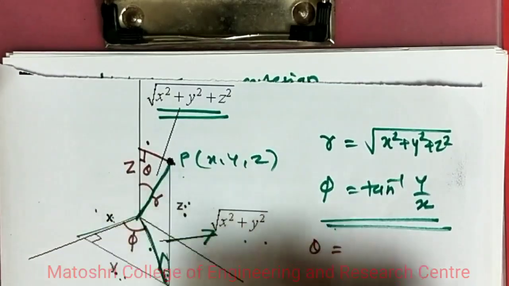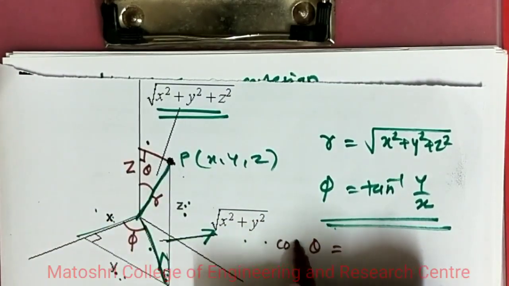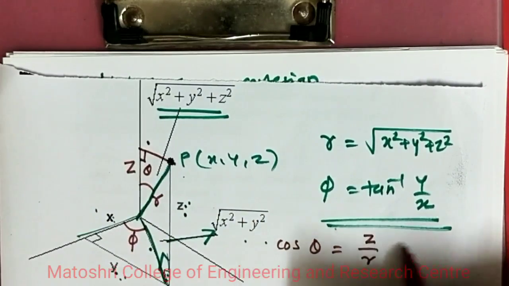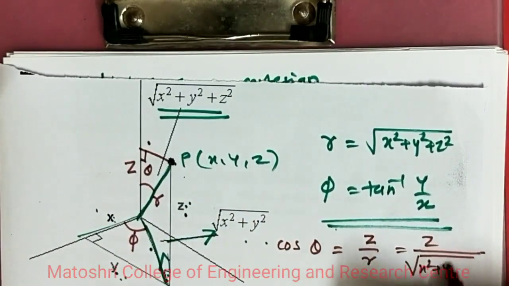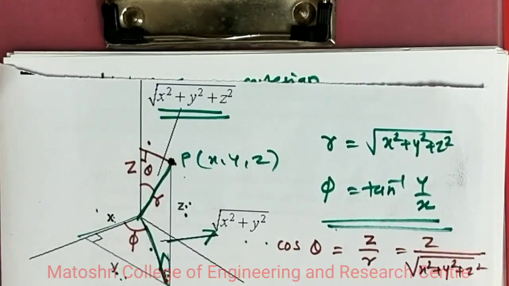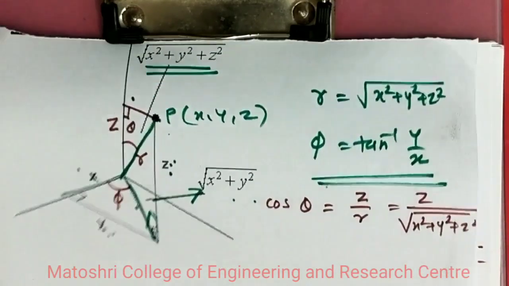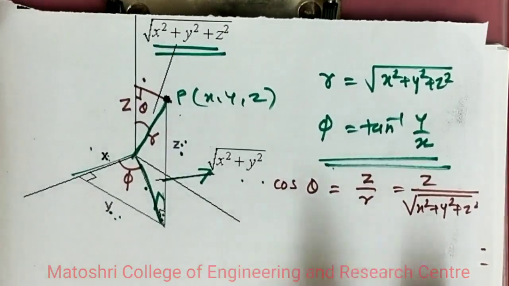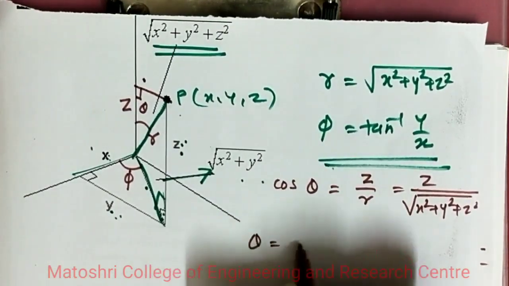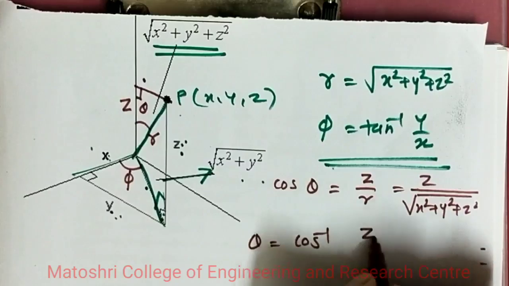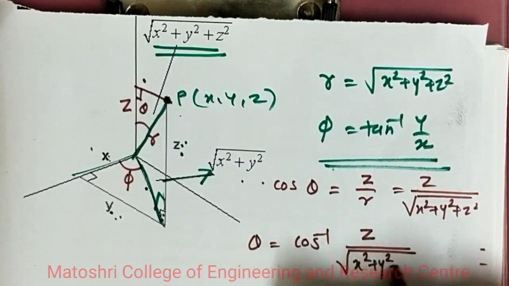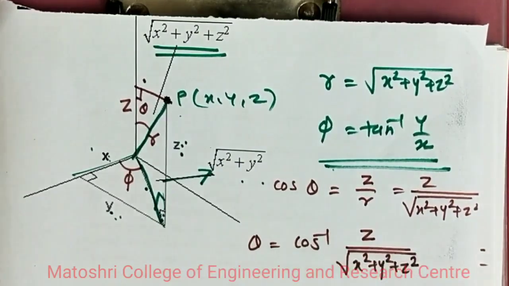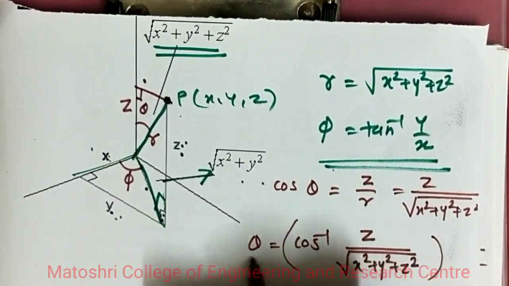Cos theta is side length by hypotenuse. So here cos theta is z by r, where r is square root of x square plus y square plus z square. Now by using this concept, your theta is expressed as cos inverse of z divided by square root of x square plus y square plus z square. This is how you are able to express the angle theta.